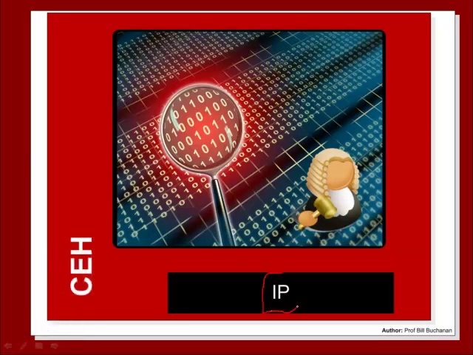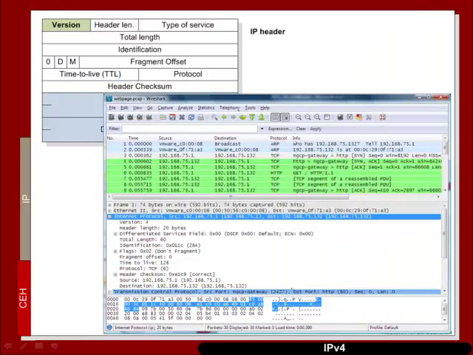So let's look at a very important protocol, which is the IP protocol. And it's the IP protocol that really makes the internet work. The IP header is made up with a version number. This is typically either IP version 4 or IP version 6.